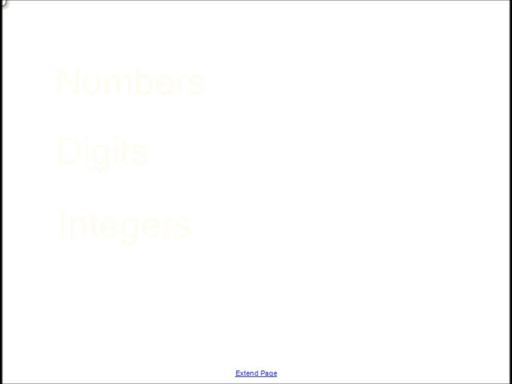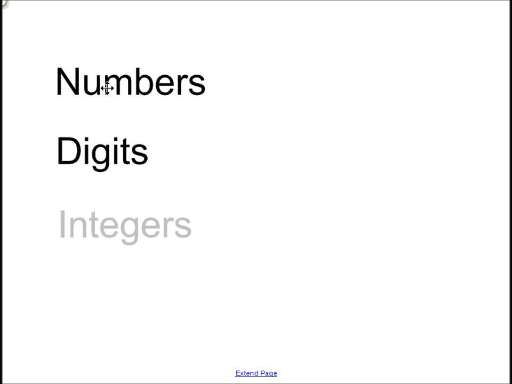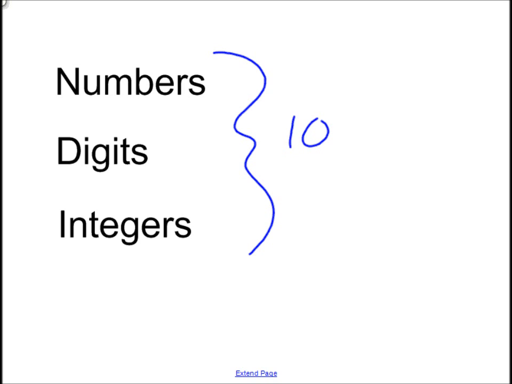First thing we've got to take a look at: numbers, digits, and integers. Now, these are three things that kind of all mean the same. These are all different ways that we can basically say 10. A number is any given expression of value.